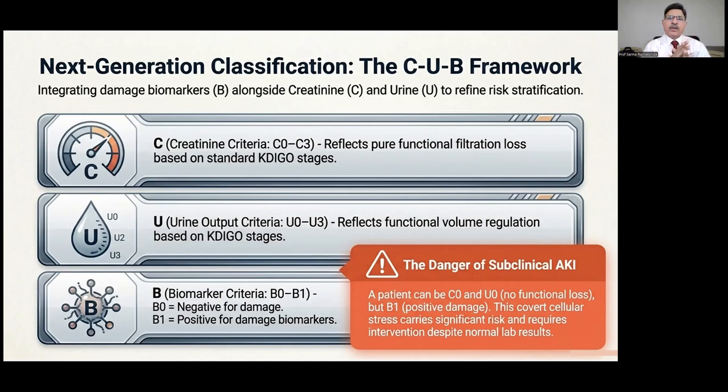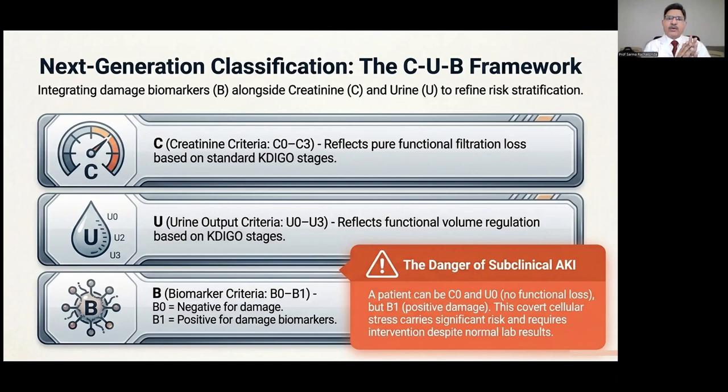The second one is urine output, U0 to U3. Again, there are 3 stages. It reflects functional volume regulation based on the KDIGO strategies. B, biomarkers. Only 2: biomarker negative, biomarker positive. B0, B1. C is creatinine normal, stage 1, stage 2, stage 3.